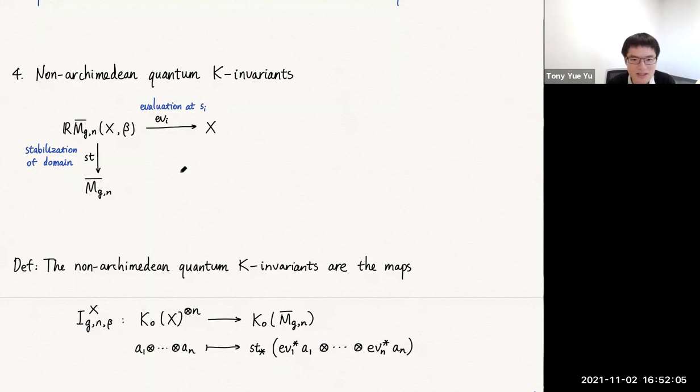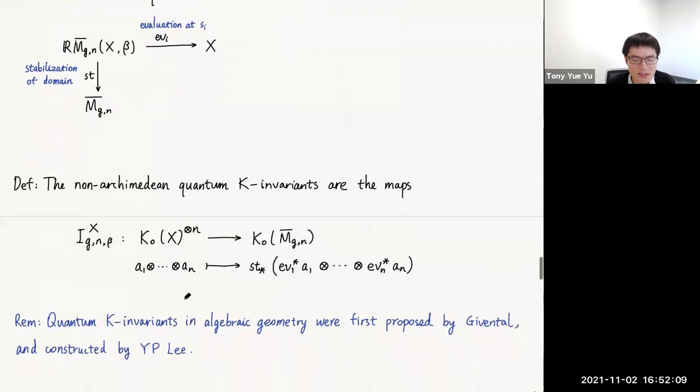Here, let me just remark that quantum K-invariants in algebraic geometry were first proposed by Givental and constructed by Y.P. Lee. And in the algebraic construction, we pull back and we also tensor with the virtual structure sheaf.